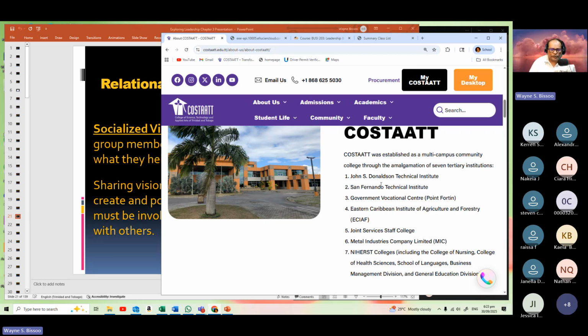So San Fernando and John Lee and GVC, we all use the same governing examination body, which is NEC. ECIAF was different. Joint Services was primarily preparing police, as well as some of their other programs for advanced studies and promotion within the service.